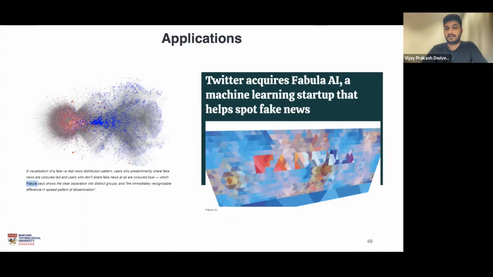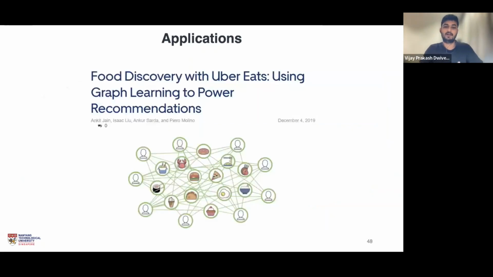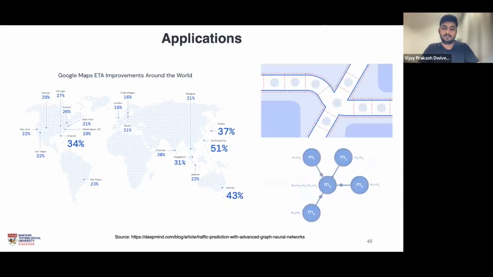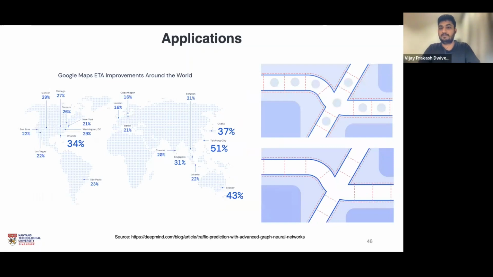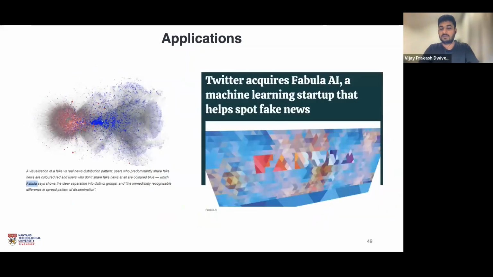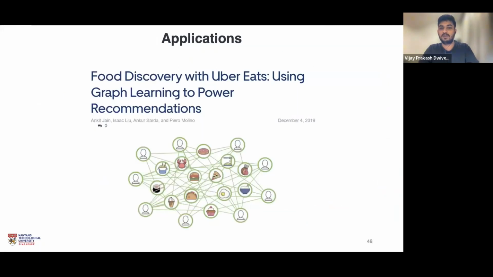This is also a very exciting application, and this was actually acquired by Twitter, and now they're working on several applications related to the social network domain. So these are different applications that show how GNNs are actually very powerful, and there are several more also, but I just showed this to give an idea of where these things are ultimately being applied in the real world.